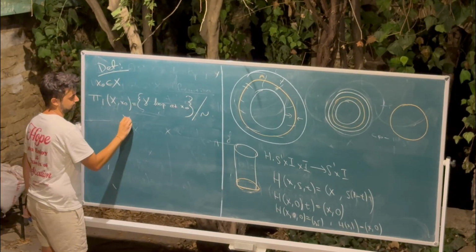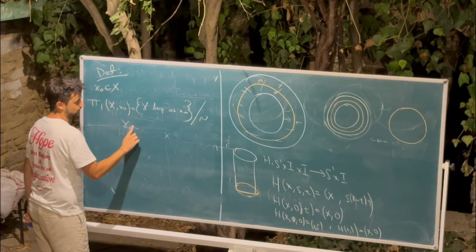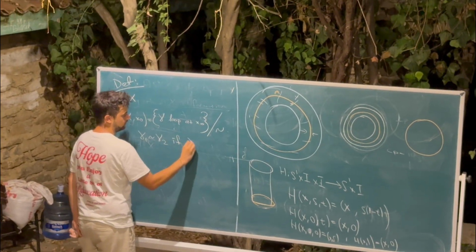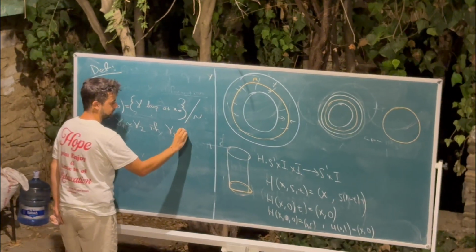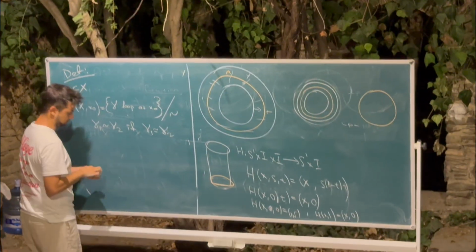I say gamma 1 and gamma 2 are equivalent if gamma 1 is path homotopic to gamma 2.